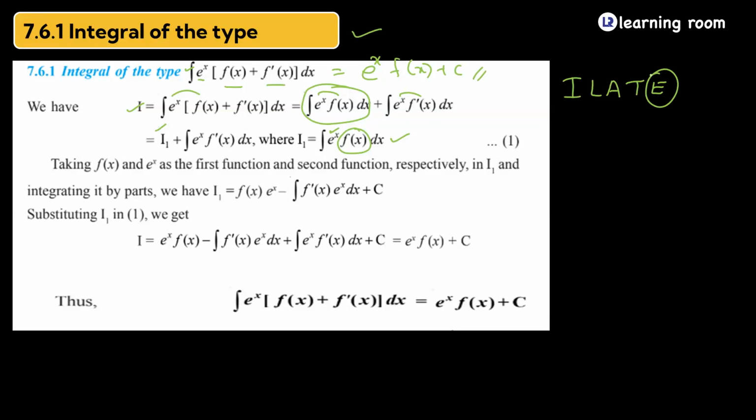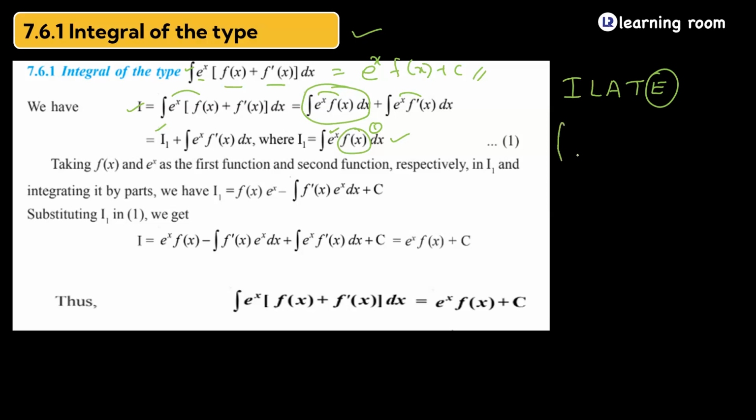So what are we doing? We took the integral of e power x into f of x dx as I1. In that, I am going to solve it using by parts, where f of x is taken as the first function and e power x as the second function. There is a second logic we need to recollect. Whenever you are using by parts, what is generally done to the first function? The first function is differentiated and the second function is integrated.